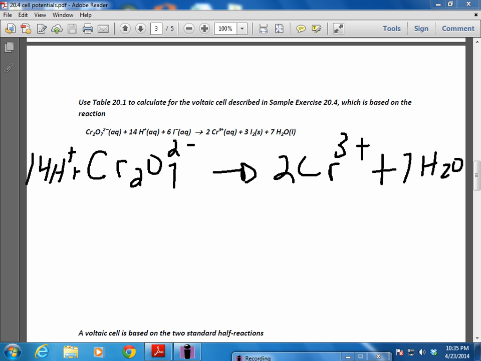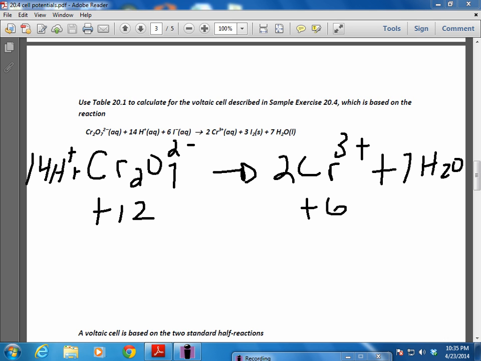And then you had to think about what the charges to be balanced with. This is 14 positives and 2 negatives. So this is a plus 12 on this side. On this side, one chromium is a plus 3, but there's 2 of them, so the total charge here is plus 6. I can add electrons to balance this.